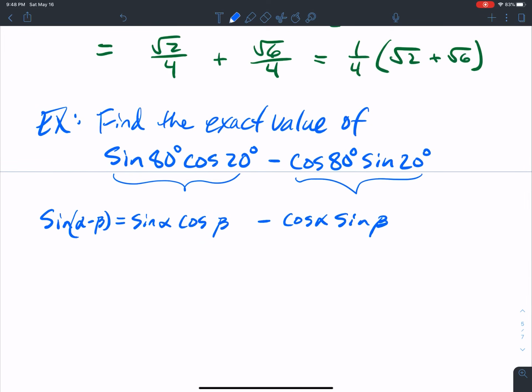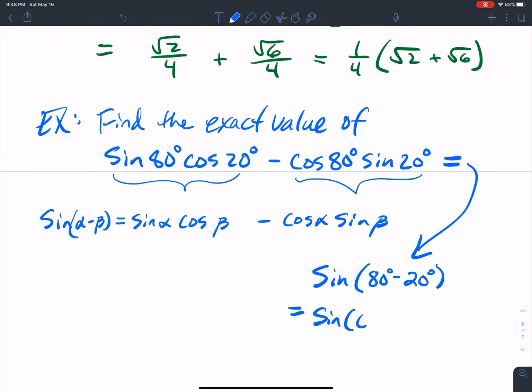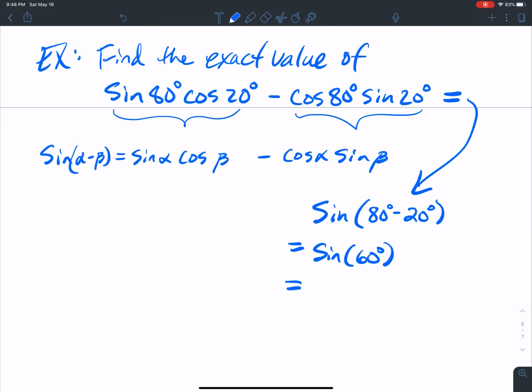So what is this equal to? This is actually equal to the sine of 80 degrees minus 20 degrees. And why is this good for us? Because that's the sine of 60 degrees, which is what? That's equal to the sine of pi over 3, which is square root 3 over 2. Okay, so pretty nice for us here.